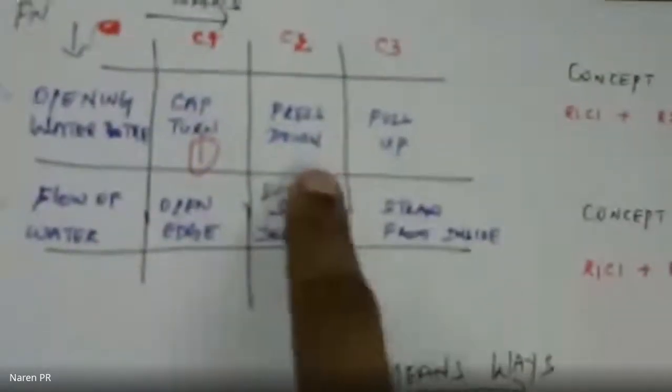When you describe this conceptual solution, just see to it that your constraints are satisfied and you are able to meet the objective also. For example, say a physically challenged person cannot press down or pull up, and suddenly for flowing of water you are saying that he has to insert a straw.